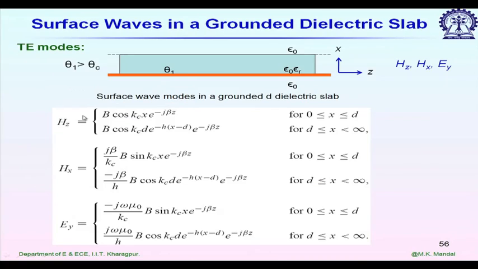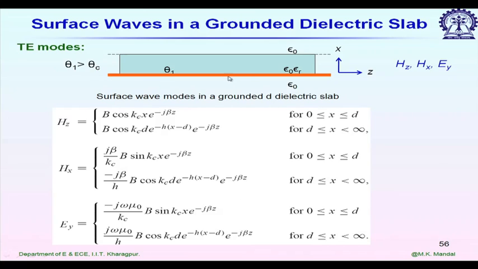Now, the next mode is TE mode. In this case, the dominant electric and magnetic field components are Ey, Hz and Hx. So, what is the direction of Ey? It is perpendicular to the propagation direction, and it is in the ZY plane, so Ey is also parallel to the ground plane.